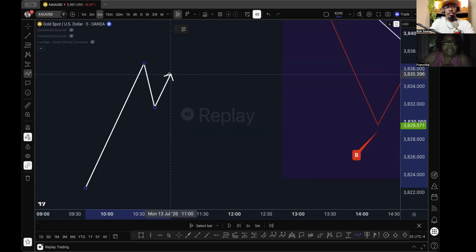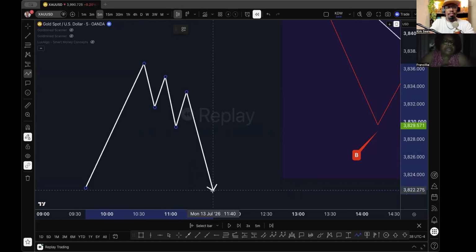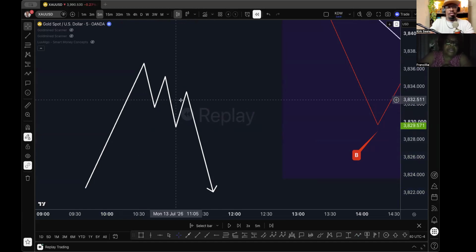It's not going to give you a higher high, all right? But it's going to give you a lower low. So something like this is one of those things that could happen. There are a few other things, but something like this is what could happen.